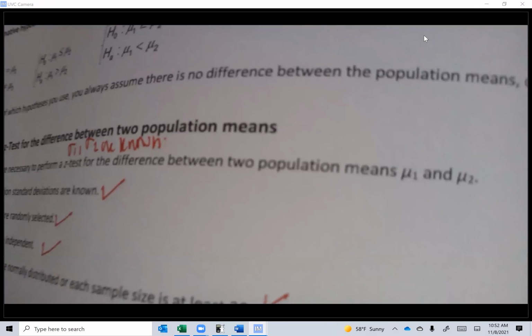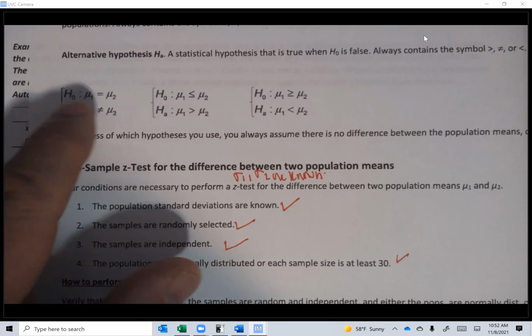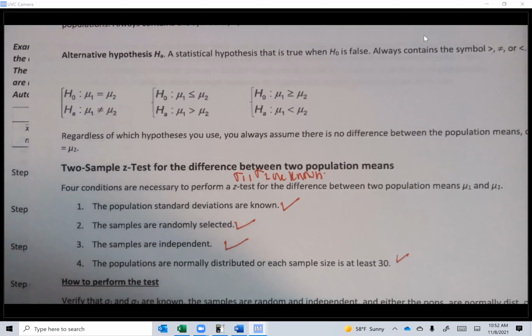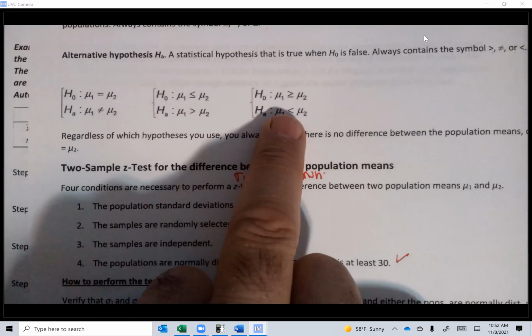Can you tell me which scenario is going to work for this problem? First, second, third. He says vacationing in Texas costs less than vacationing in Virginia. So would it be the first, the second, or the third?